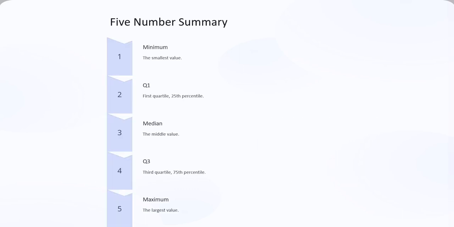Then the five number summary, we call it the five number summary. In one slide I already shared with you the different types of range, from minimum to maximum. There is the first quartile, the 25th percentile, the median, which is the middle-most, meaning 50%, and Q3 is described as your 75%.